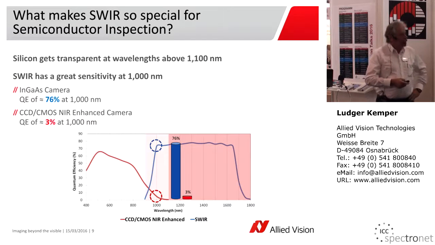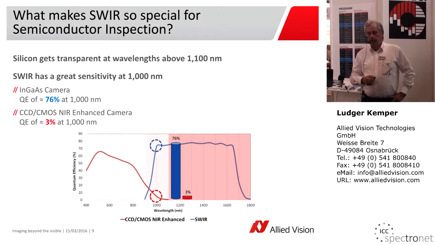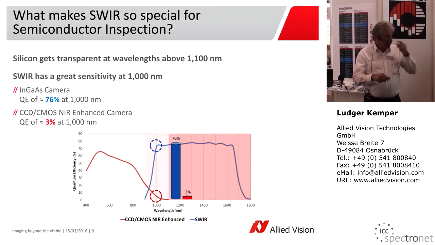And what makes SWIR so special for the semiconductor inspection? You have here the quantum efficiency of the CCD and CMOS near-infrared enhanced cameras, so you see they are sensitive up to 1.1 micrometer or 1,100 nanometer, and the SWIR camera is sensitive from 900 up to 1,700 nanometer.